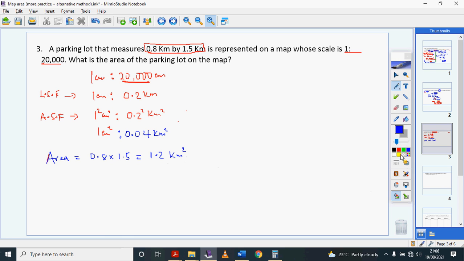So now I just need to compare. If 1 centimeter squared represents 0.04 kilometers squared, then how many centimeters squared will be represented by 1.2 kilometers squared? That's the question.